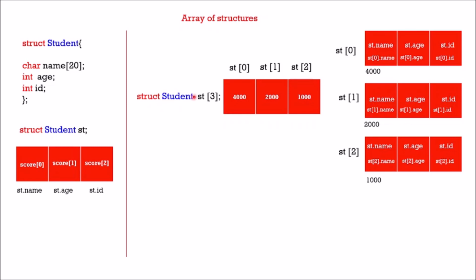And the name of the array is st, that contains 3 elements. So basically it will create space in memory for holding this structure of a student that has this char name of 20 bytes and then 2 integers. So it will look like this in memory.